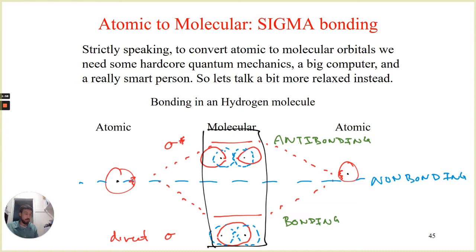Those two atomic orbitals could add in a constructive fashion, thereby being bonding, or they could add destructively, and we get the anti-bonding orbital. So every atomic orbital generates a molecular orbital. Okay? So if you have 3 atomic orbitals, you're getting 3 molecular orbitals. That's how it works. We can't lose them.